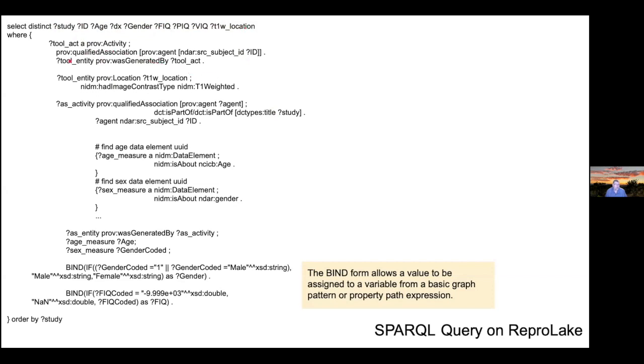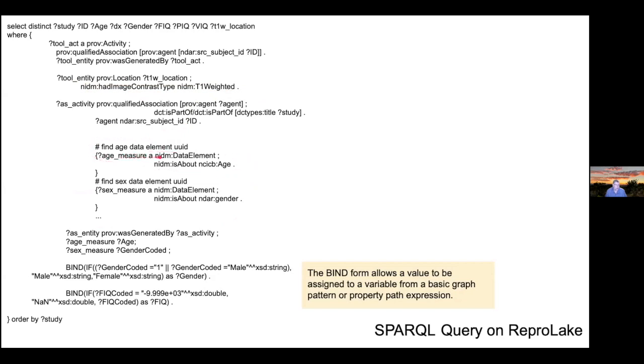And here again, we are defining what type of information we want, right? So we're looking for all the entities that have this image contrast type of T1 weighted. So we're limiting our search to scans that are T1s, and then we're finding information about those scans in regards to their subjects. And so we're pulling out the age measure, right?